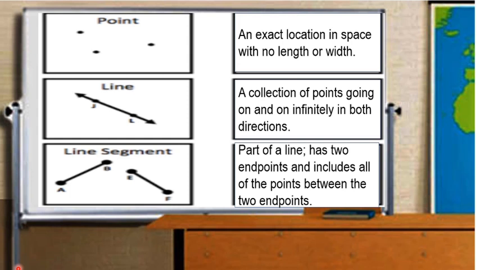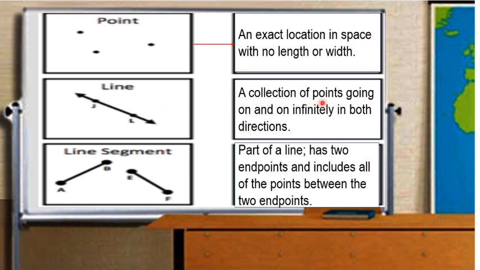Before we start on our discussion, let's have a review first on these three terms. We have point, line, and line segment. First, it is an exact location in space with no length or width. Correct. It is point.